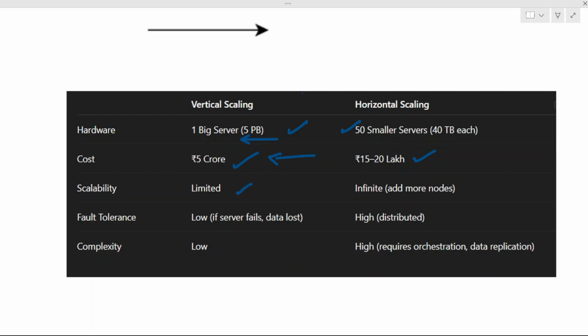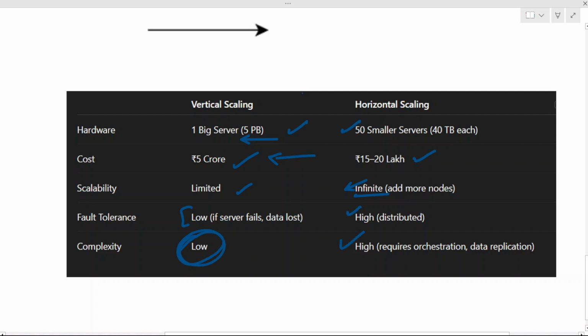Scalability is limited in vertical scaling because there's a hard limit on the tech, while in horizontal scaling infinite machines can be added to increase the storage. For fault tolerance, vertical scaling has a single point of failure, while horizontal scaling is distributed, so it's not a single point of failure. Complexity in vertical scaling is very low. That is the only advantage.